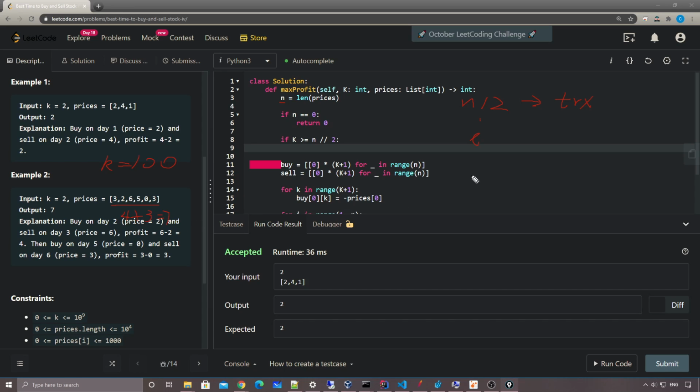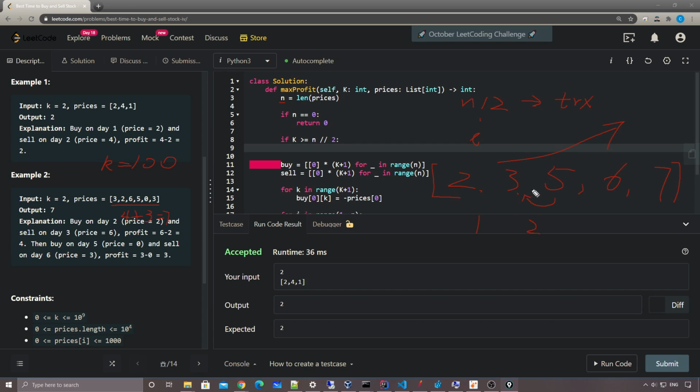Okay. How about if we have like 2, 3, 5, 6, 7? If the stock price is always increasing, we can still use that logic, right? Basically, we compare 3 and 2, then we have a profit 1, right? And if we compare 5 and 3, we have profit of 2.